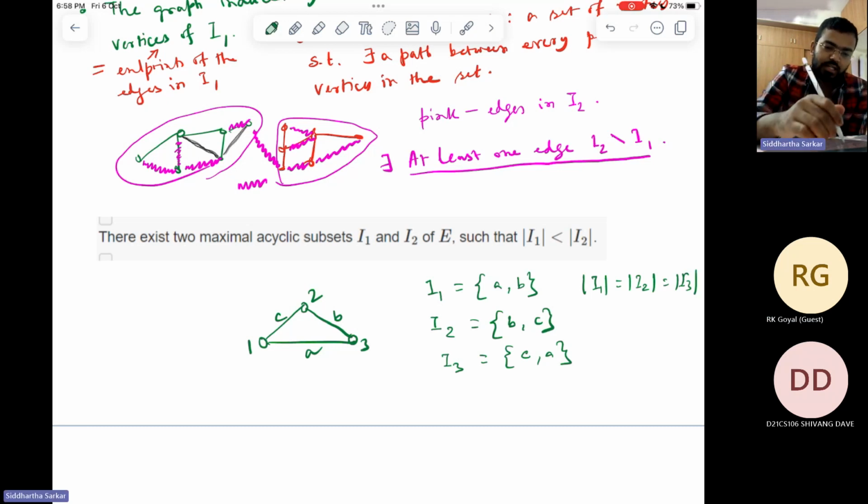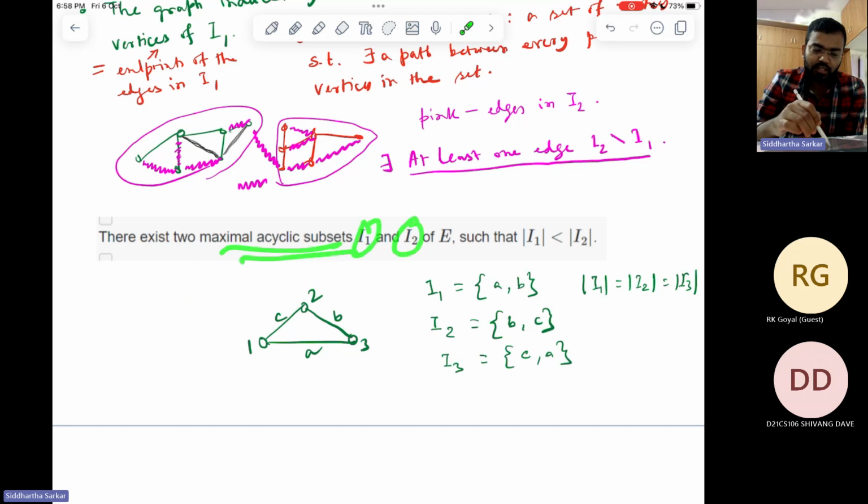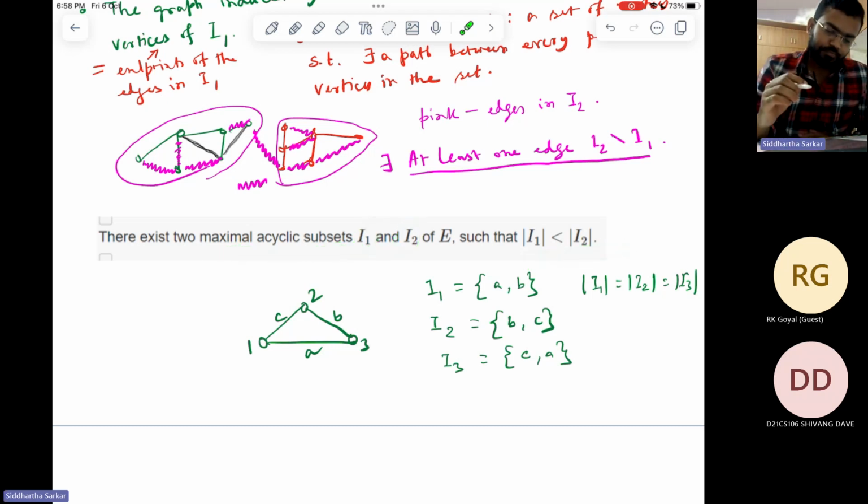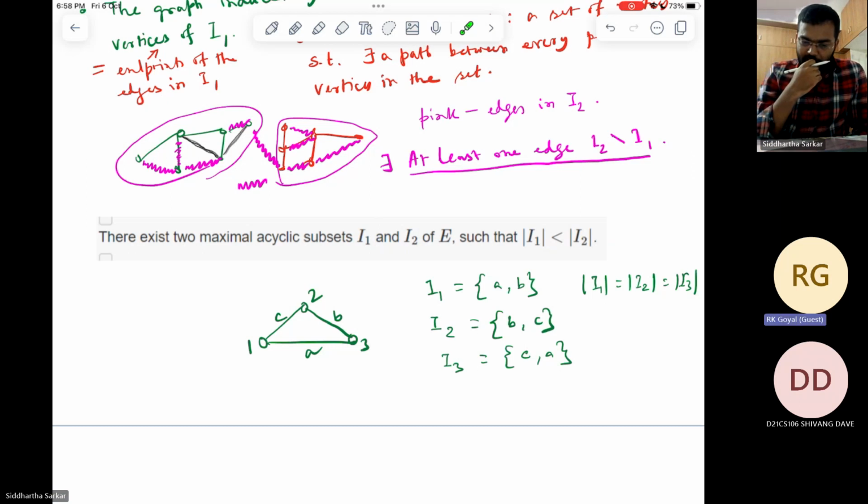So in this statement, the claim is that given a graph, the maximal acyclic subsets are of equal cardinality, or in this statement the claim is there is at least one pair of maximal acyclic subsets whose cardinalities are different. So I think you have better clarity on the question now. Yes, the language is slightly not that clear.